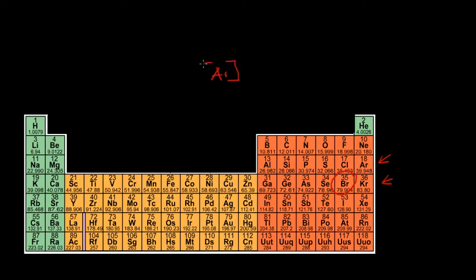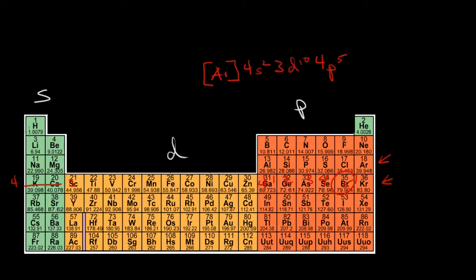All right, and then now this is going to be 4, so it's going to be 4s2, and then this is going to be 3d10, and then we're going back up to 4, and that's going to be 1, 2, 3, 4, 5. So it's going to be 4p5.